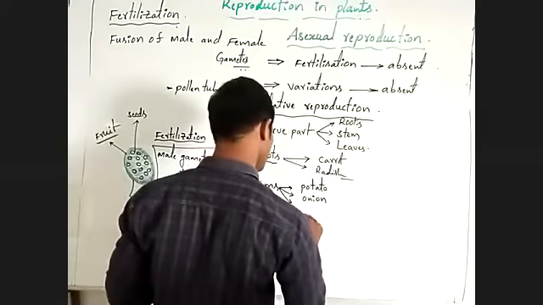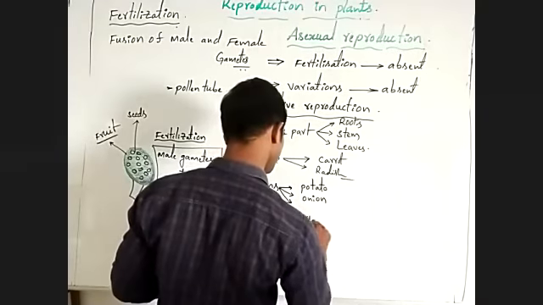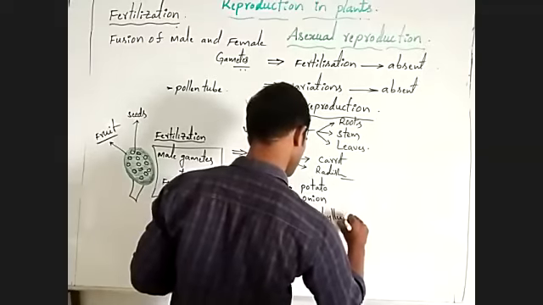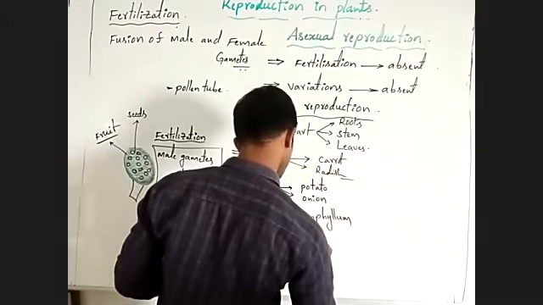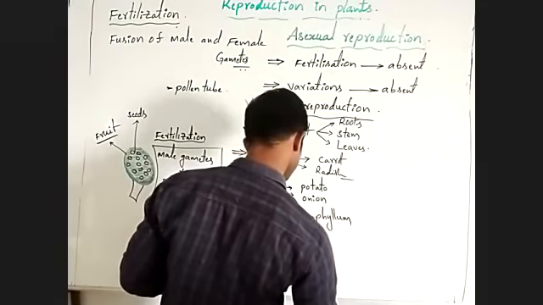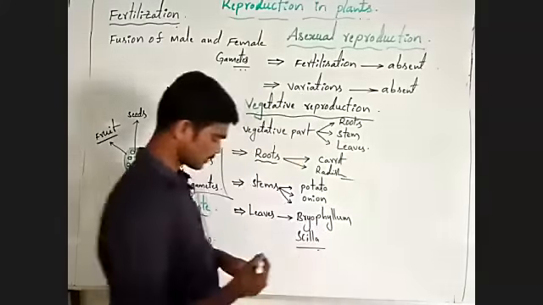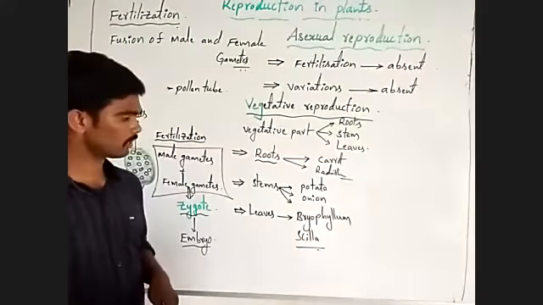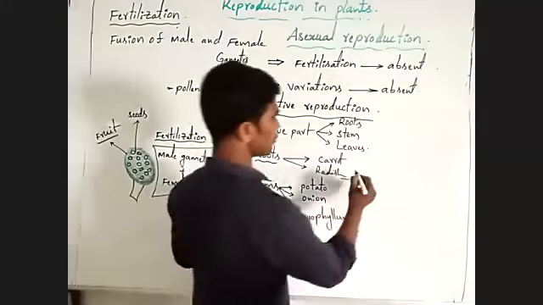Next, leaves. In some plants, new plants develop from leaves. For example, Bryophyllum. New plants are developed from leaves.